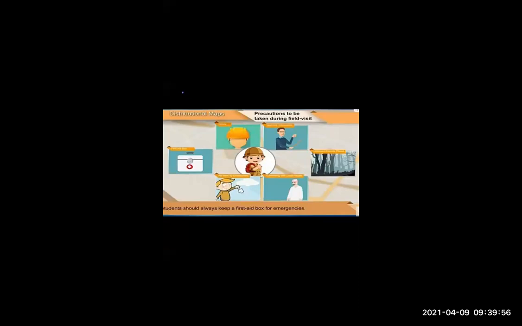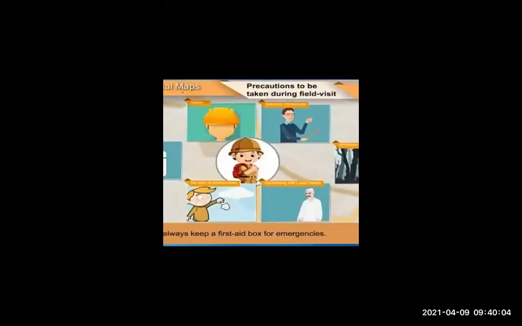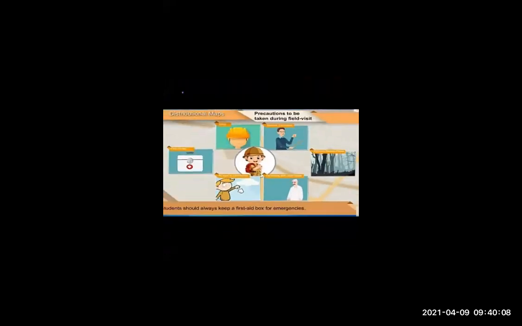Now next, an important thing is the precautions to be taken during a field visit. Actually, not only for a field visit, whenever you are going for a picnic, you should take certain safety precautions.